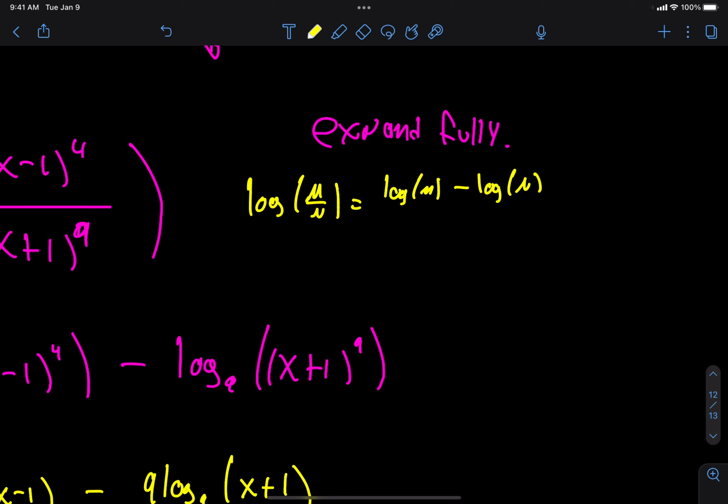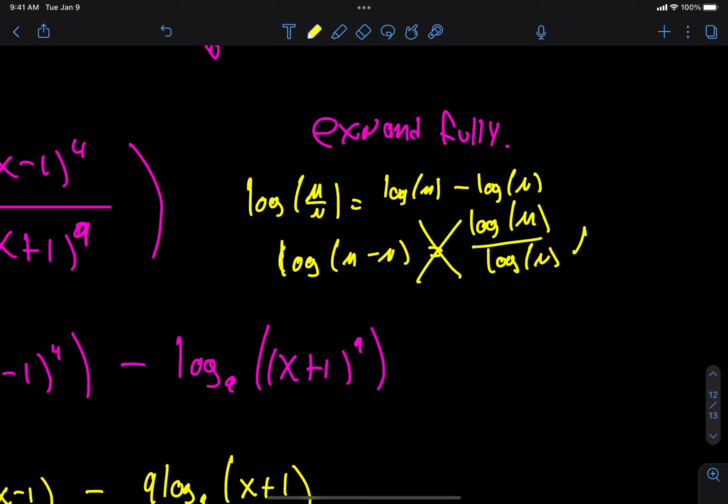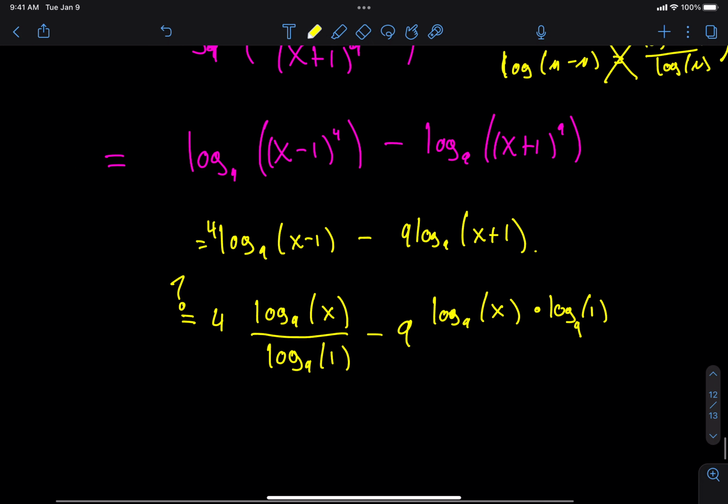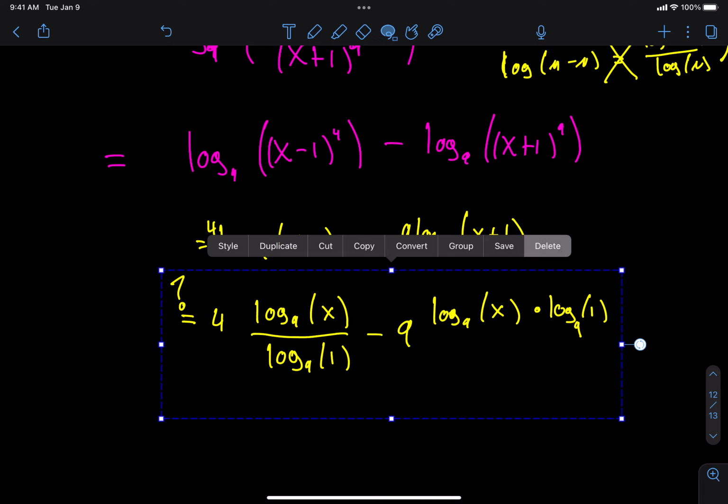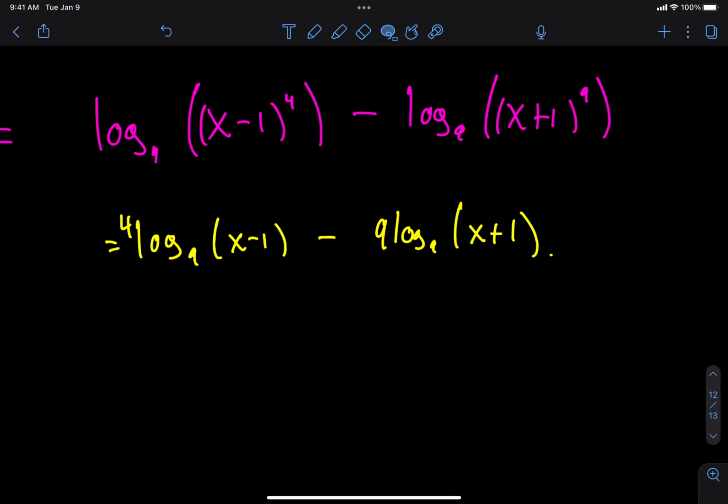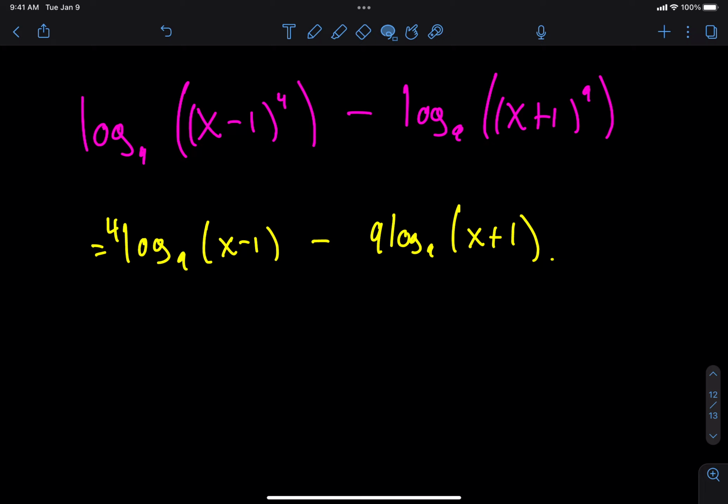But it's not true that log of m minus n is equal to log of m over log of n, okay? This is not true. So no, we cannot do that. So we should leave it right here. Okay, we can't expand any more than that.